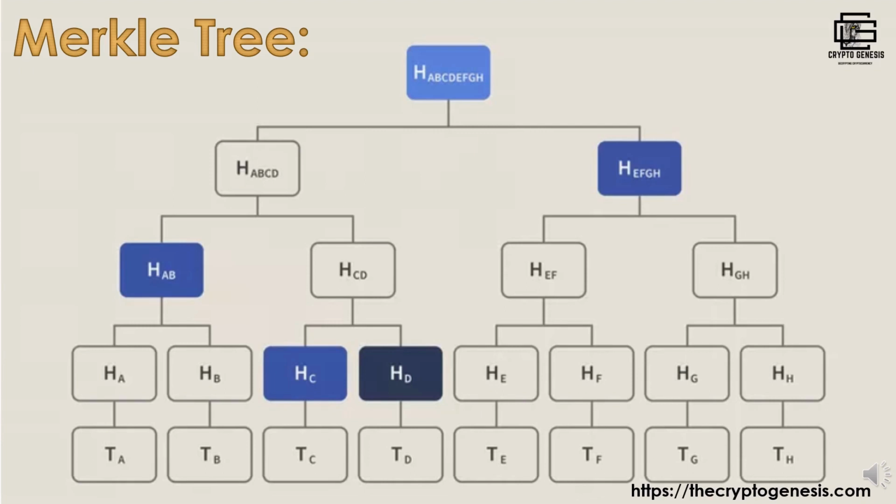Similarly, ABCD will pair with EFGH and make one root hash, HABCDEFGH. It's showing all the 8 transactions, and it's also known as a hash root. The purpose of the Merkle root is to simplify a complex data structure and obtain a single hash root in the end that represents a summary of all the data in the structure.